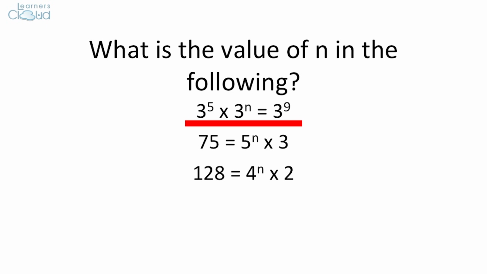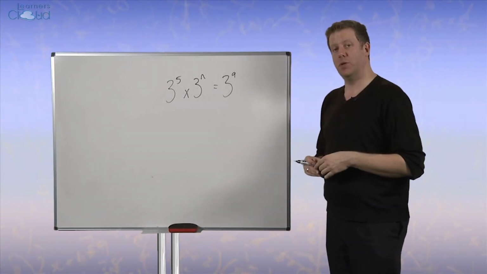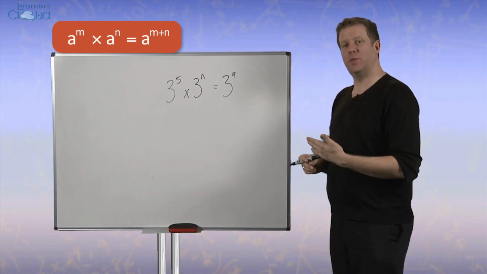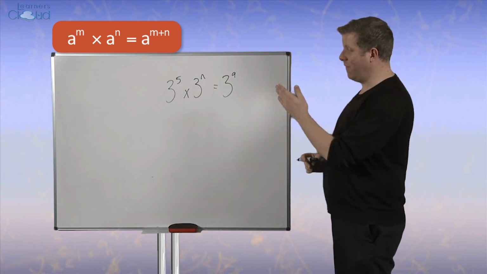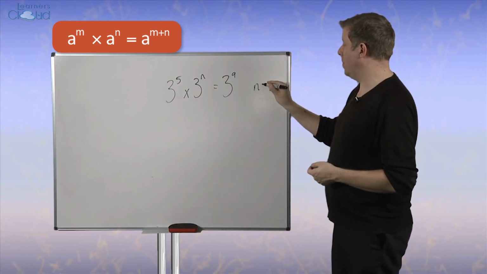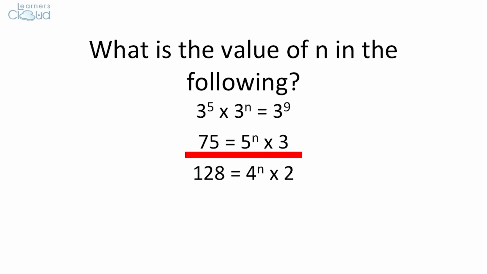So they've already given us the answer, but the answer is the thing that's going to help us work out what that power of n is. You notice the two terms have been multiplied together. They have the same base, which means I must have added those powers together in order to get the 9. So think to yourself, 5 add what would give me the 9, and you come out with n being equal to 4.